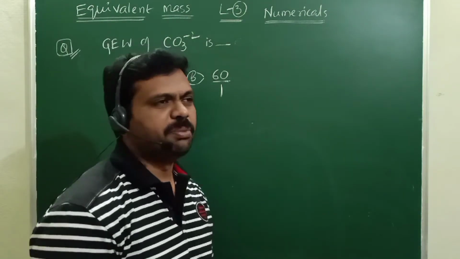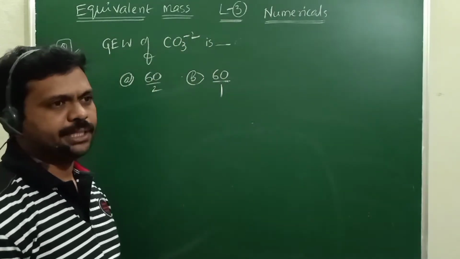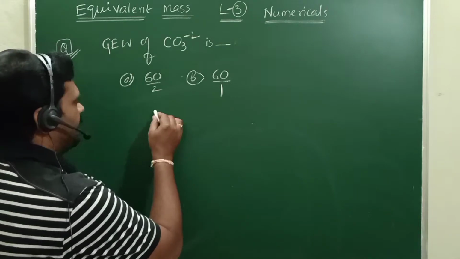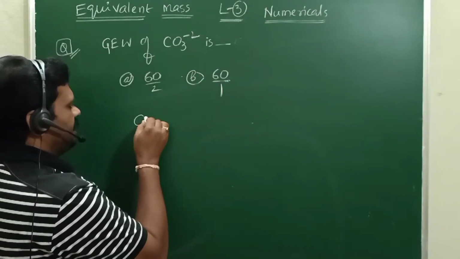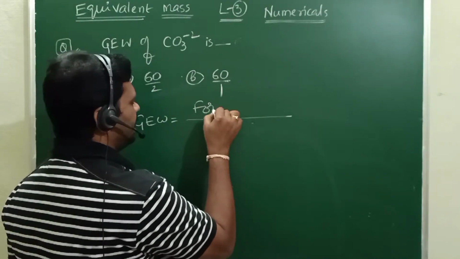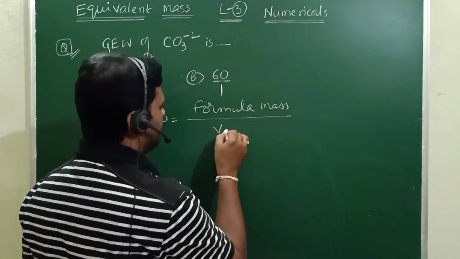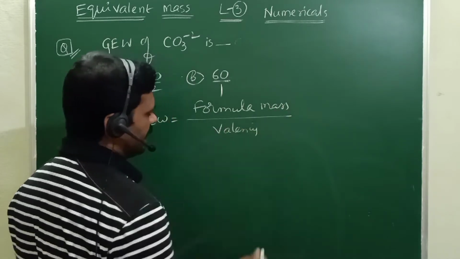The next numerical is the gram equivalent weight of carbonate ion. If ions are given, then gram equivalent weight is equal to formula mass divided by n factor, valency.